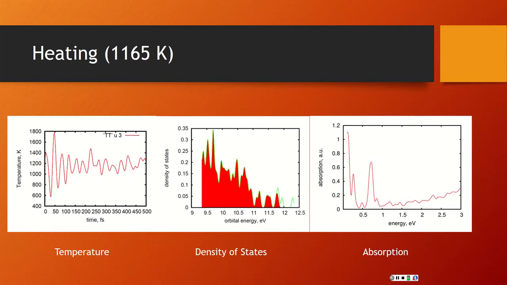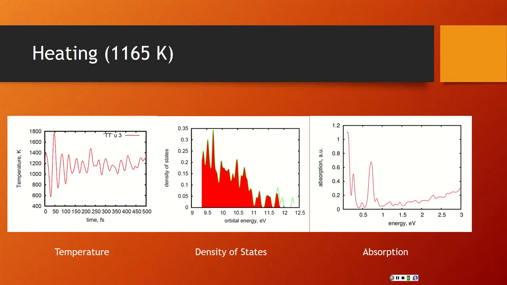And over here you have the density of states. What's kind of odd about that is that there's unoccupied states in the valence band. So in that sense, it looks kind of like what the p-doped model looked like without any heating. And I'm not entirely sure how to explain that, but it's what I found.